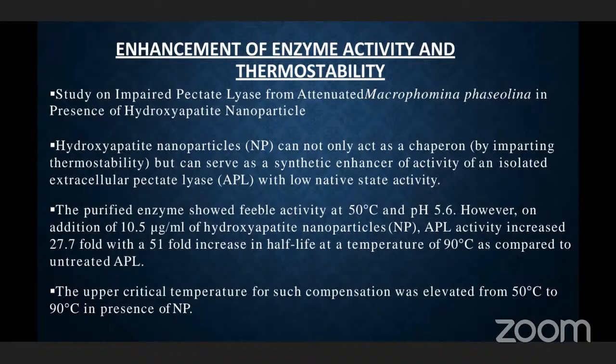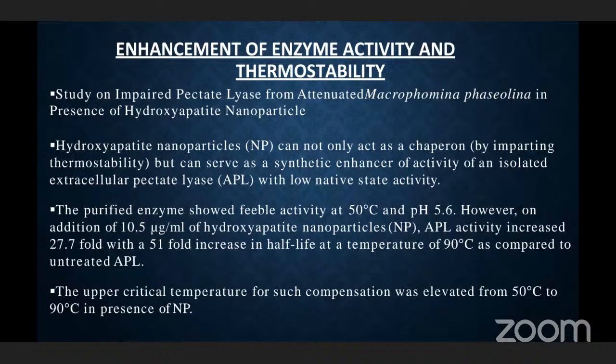They give stability against temperature, and can also serve as a synthetic enhancer of activity of an isolated extracellular pectate lyase with low native state activity.